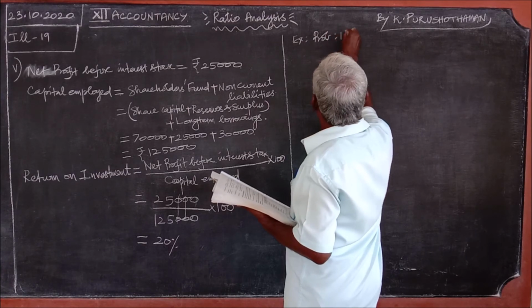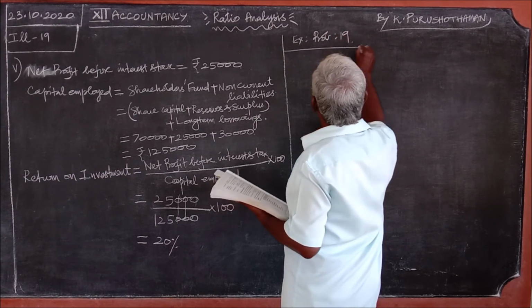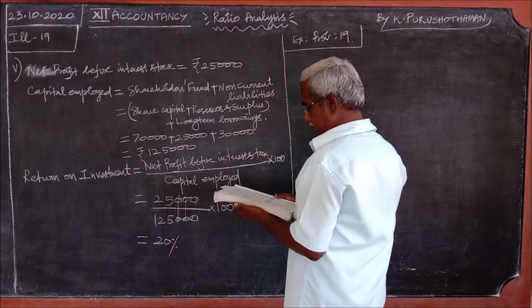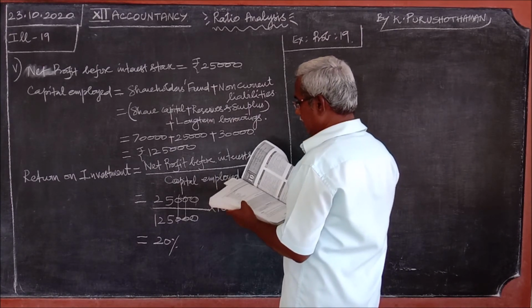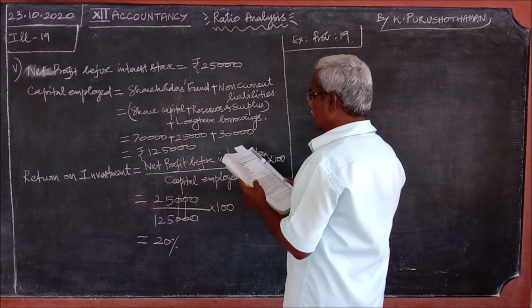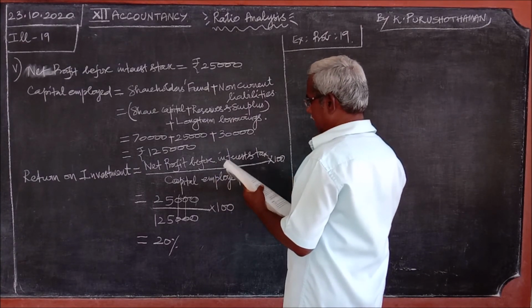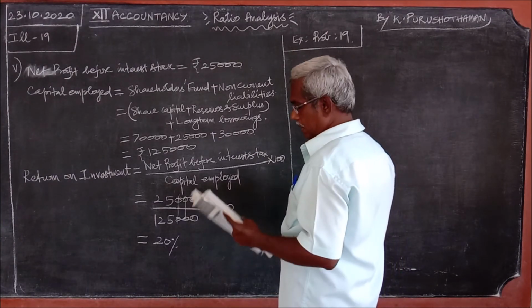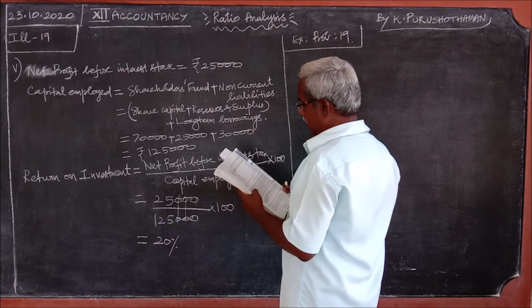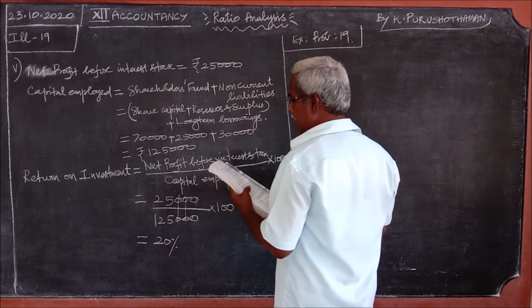Then, from the exercise, problem 19. What is given in problem 19? Calculate the return on capital employed. Return on investment or return on capital employed.